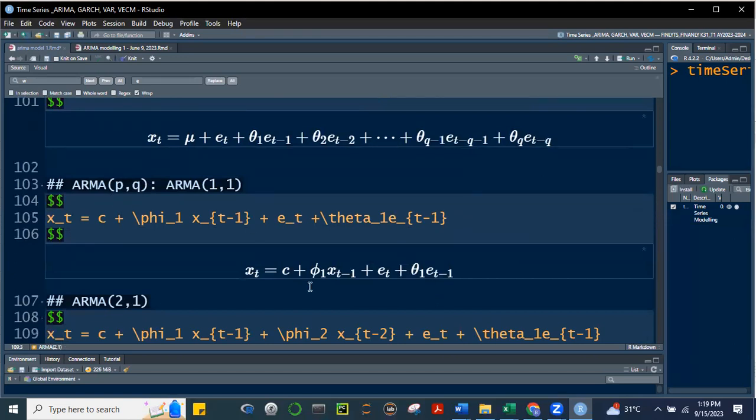So the equation will be x sub t is equal to a certain constant. We're not using the delta or the mu because this is now a combination of your AR and your MA component. So let's just use C plus phi1 x sub t minus 1 plus epsilon sub t plus theta1 epsilon sub t minus 1. Okay, so that's our ARMA 1-1 model.